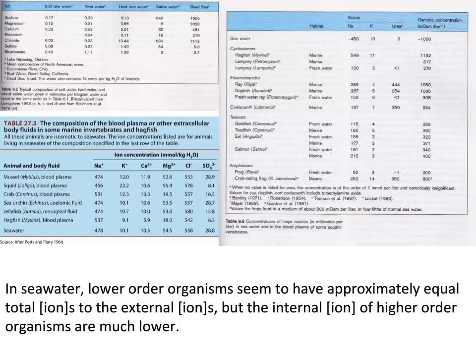However, if we look at lower order organisms, they tend to be isoosmotic to their external environment. That is, they have the same number of ions or solutes dissolved in them as the external environment does.